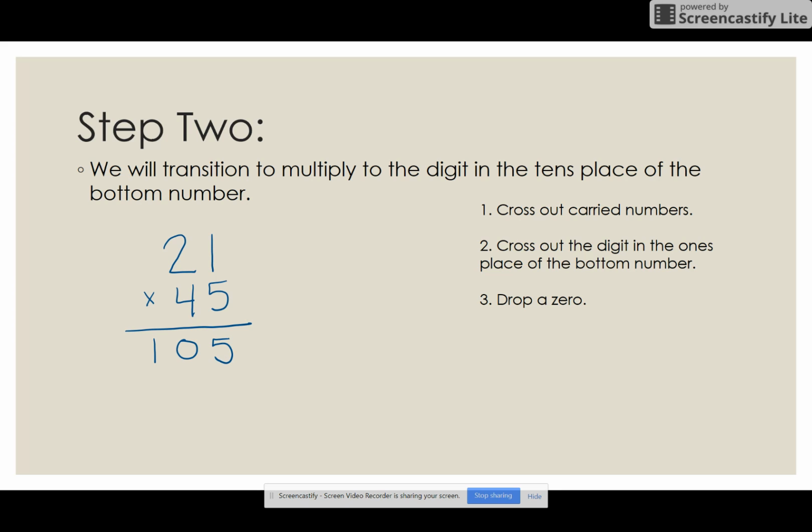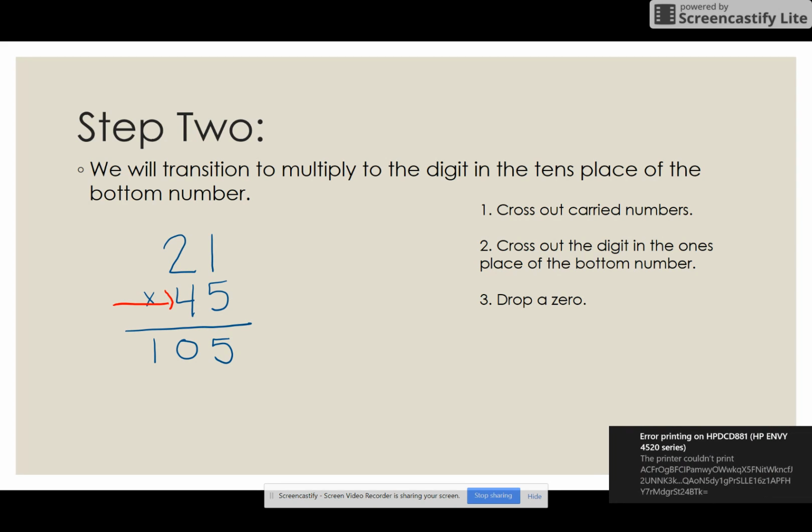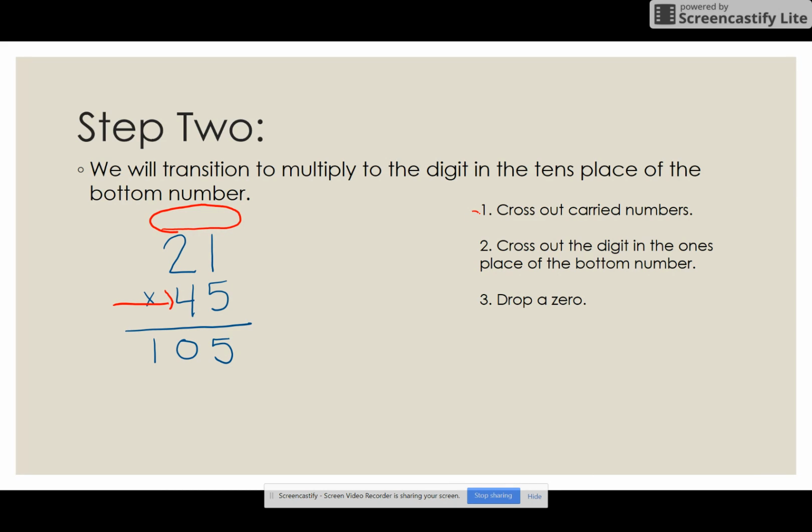Step 2. I need to transition into multiplying the tens place of the bottom number. That's this 4 right here. Notice my place values are still lined up. There's a few things I need to do before I can multiply, though. The first thing I need to do is cross out any carried numbers. Luckily for me, there are no carried numbers in this problem, so I can check that off my list.